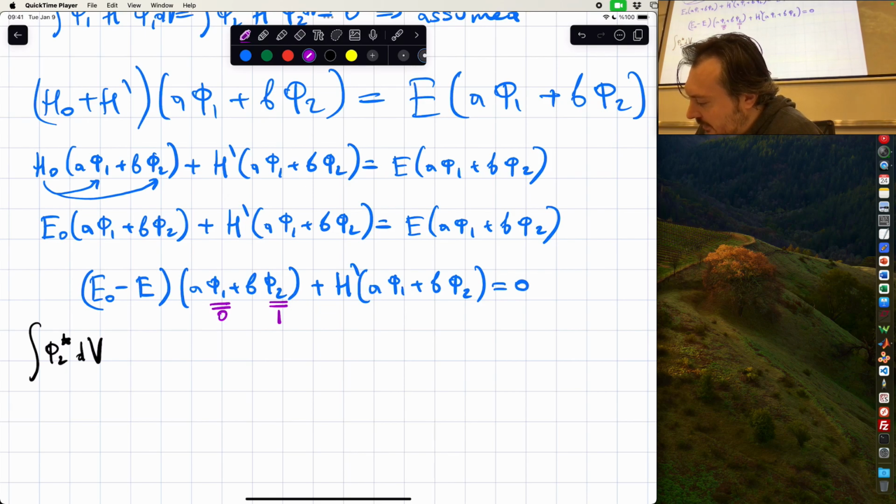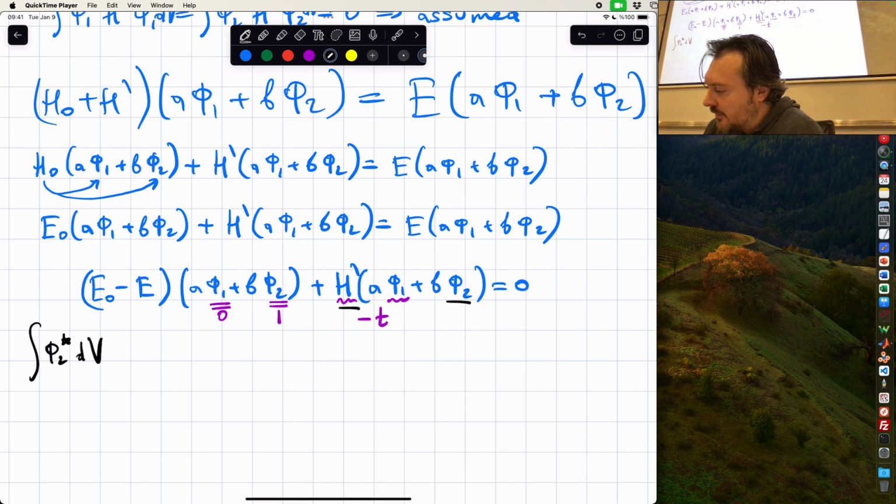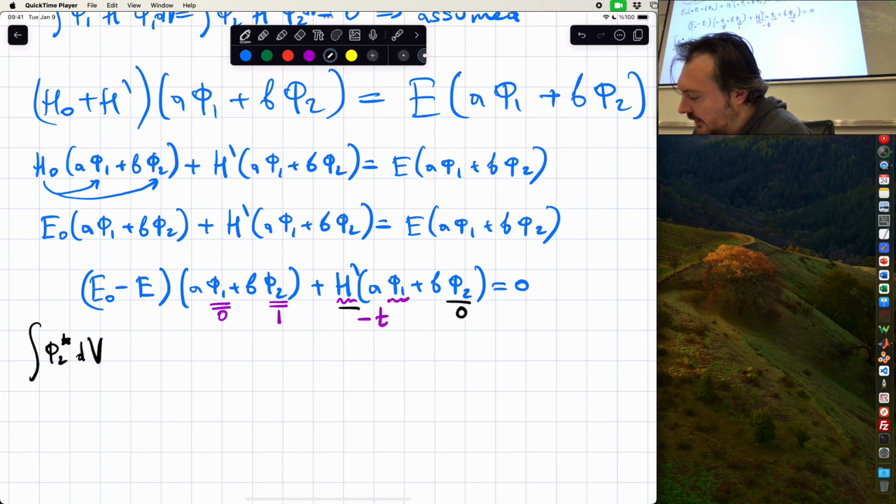What do I get from this one? Minus t. Very good. And what do I get from the last one? You get 0 because of the assumption. Do you remember that phi 2 star H prime phi 2 gives 0, right?